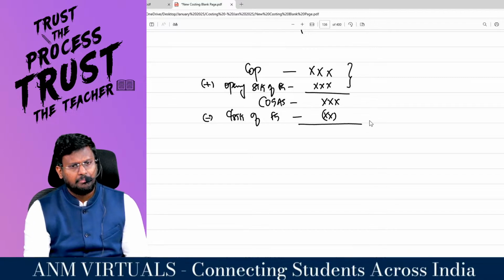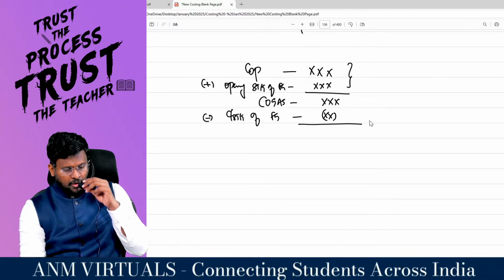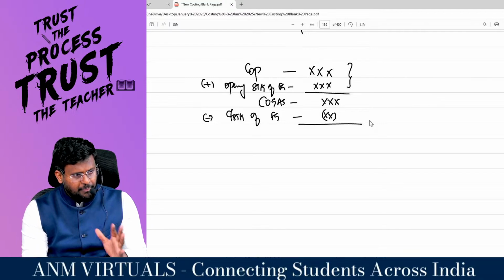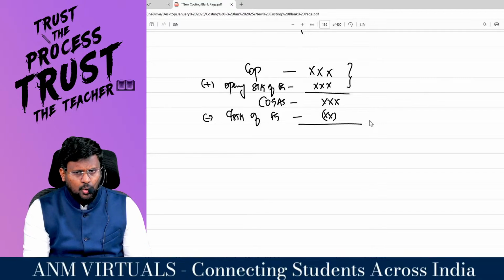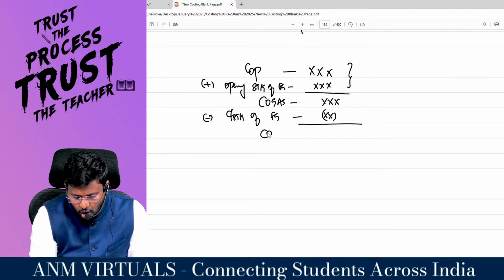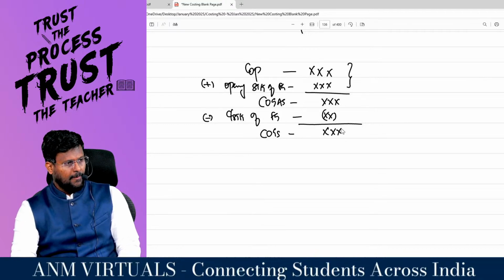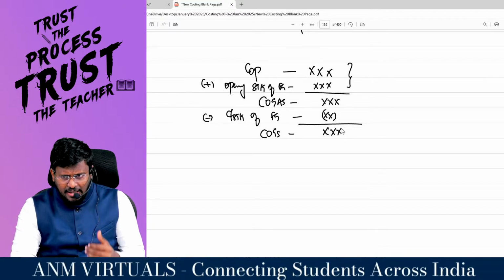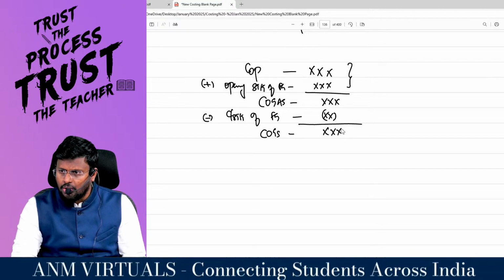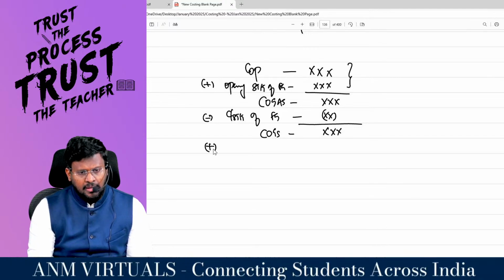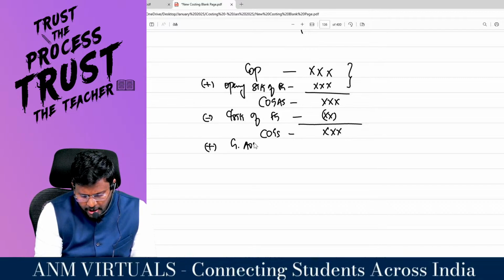That means, my dear lovable students, from the COGAS, cost of goods available for sale, if you reduce the closing stock of finished goods, you will get the cost of goods sold. To that cost of goods sold, we have to add general administration overhead.